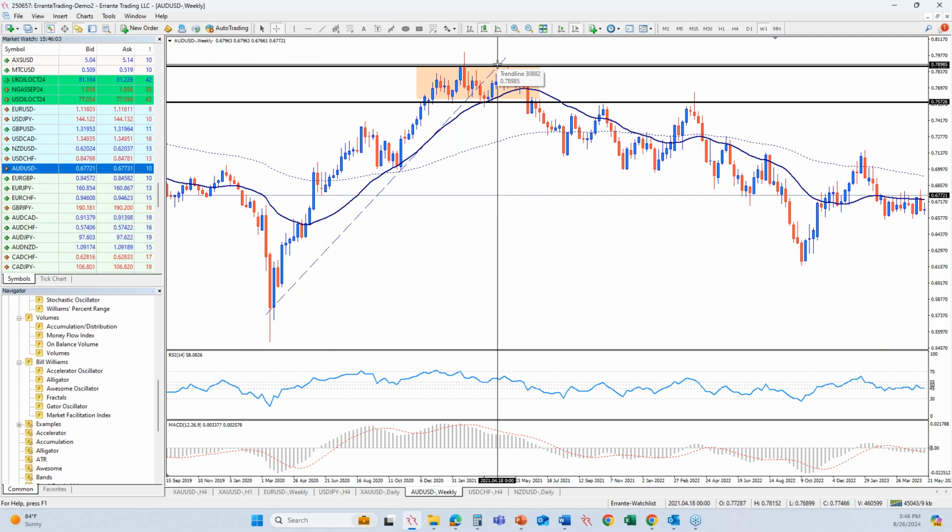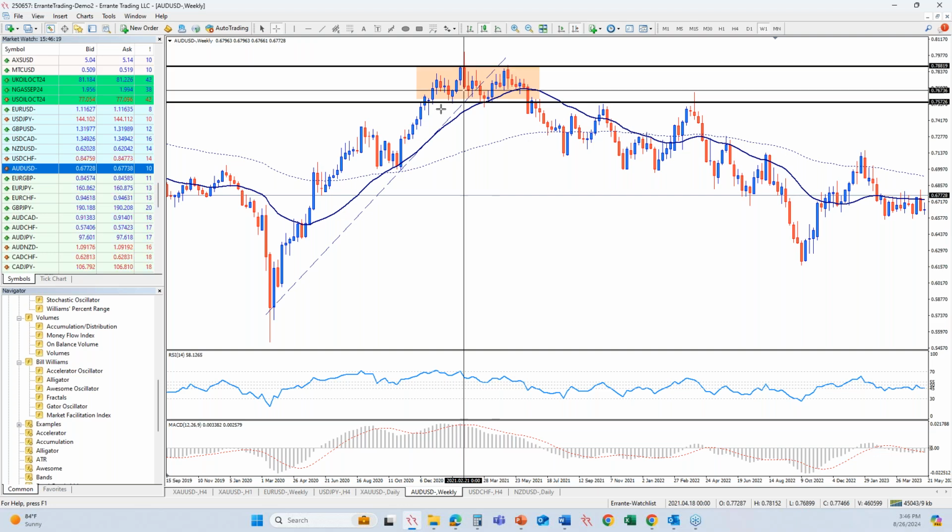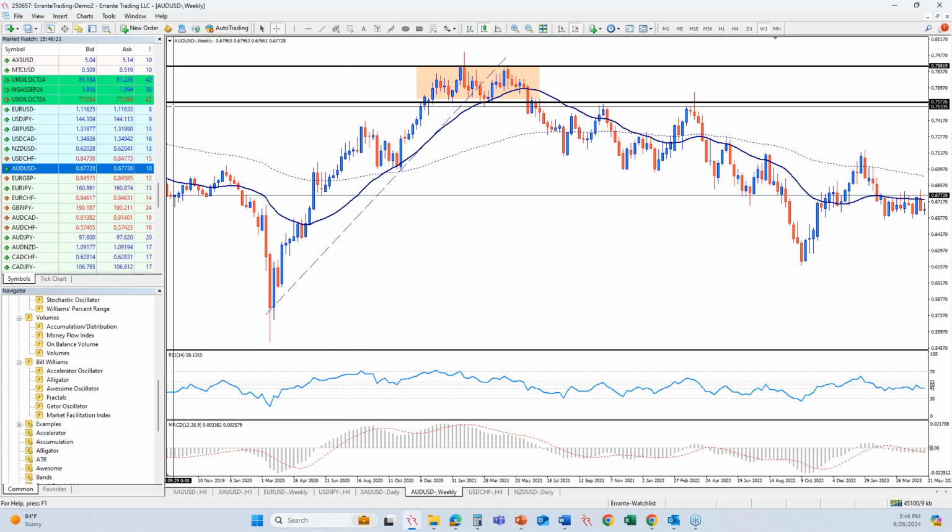Each time the price reaches this resistance level, it is met with selling pressure that prevents further upward movement. This inability to break through demonstrates a weakening bullish sentiment and sets the stage for a potential bearish reversal.